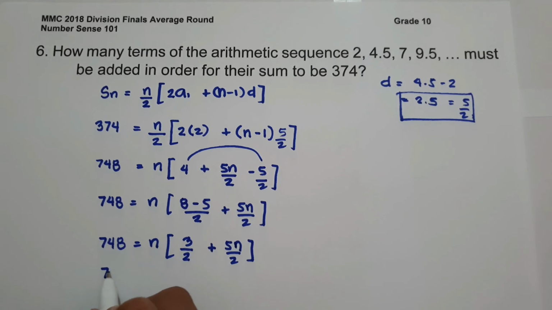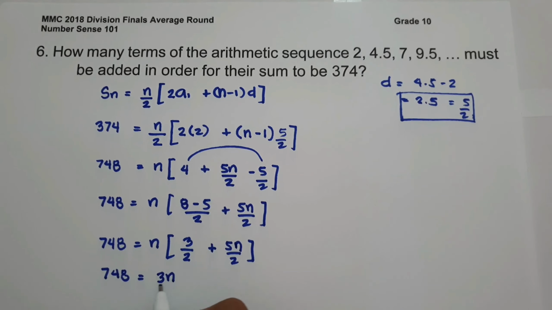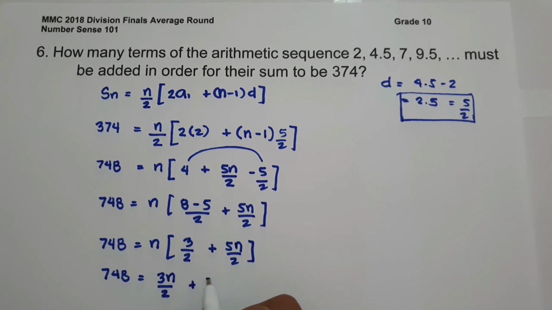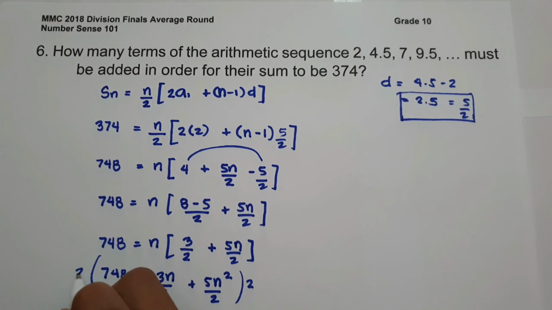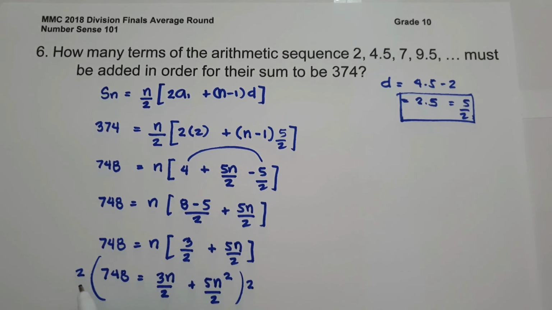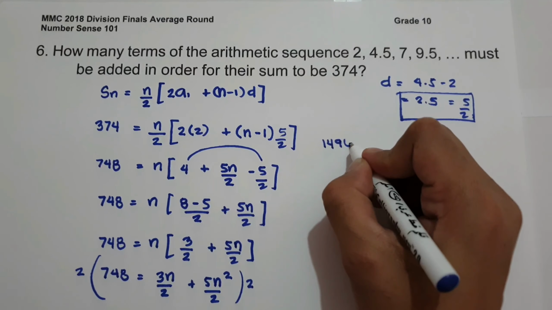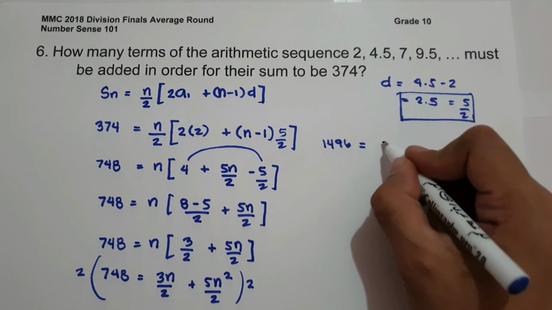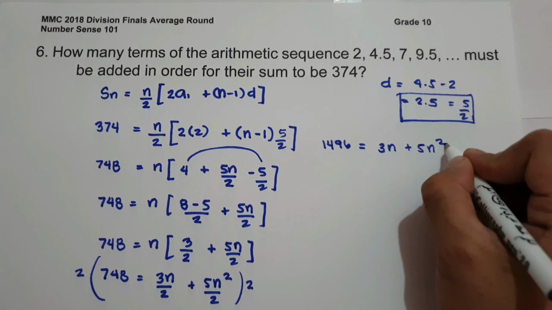Let us have 748 equals 3n over 2 plus 5n squared over 2. So to eliminate the denominator, let us multiply the whole equation by 2. Let us have 2 multiplied by 748, that is 1496, equals 3n plus 5n squared.